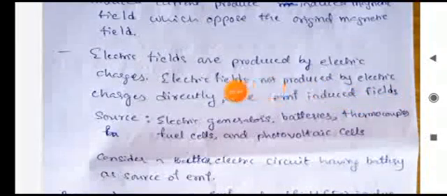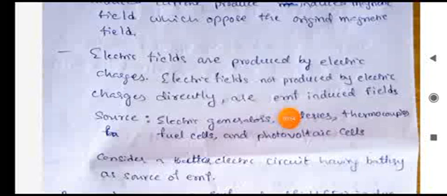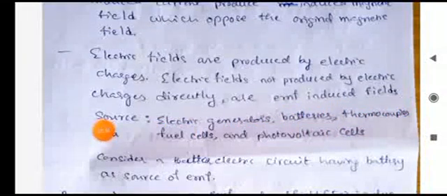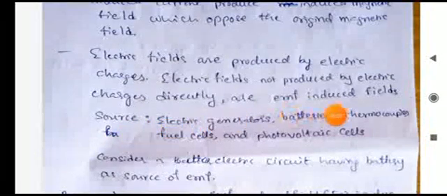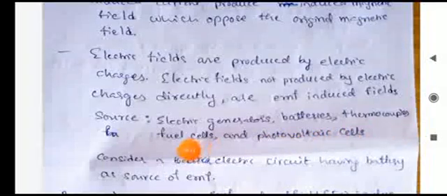They are not produced by electric charges; they are produced in another way. The sources of such EMF induced electric fields are electric generators, batteries, thermocouples, fuel cells and photovoltaic cells.